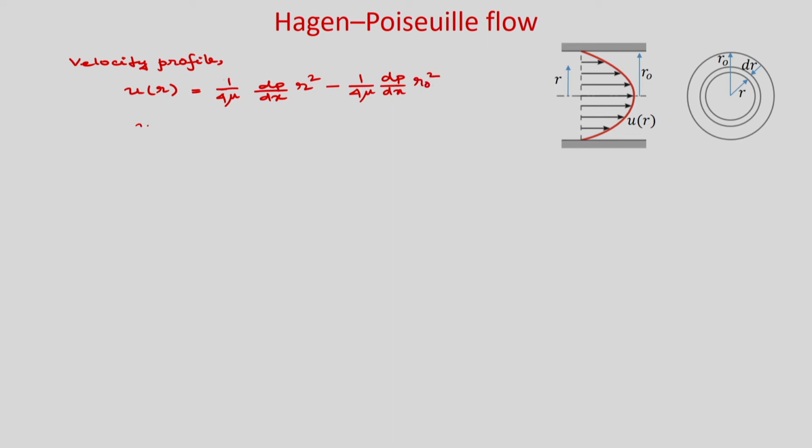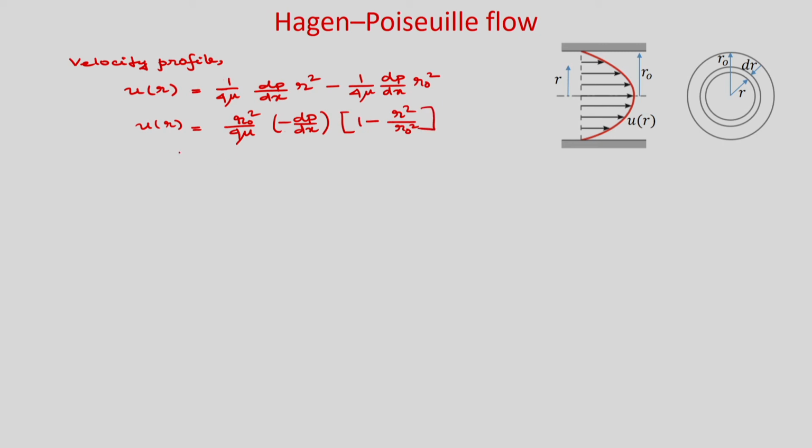Okay. So, hence you will get u(r) as 1 by 4 mu r naught square into minus dp by dx, because minus dp by dx is positive. Okay. So, this into, with the minus taken outside, 1 minus r square by r naught square.